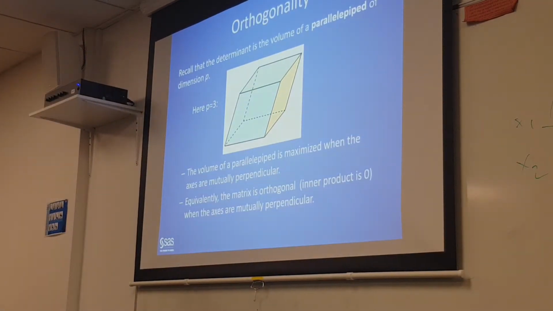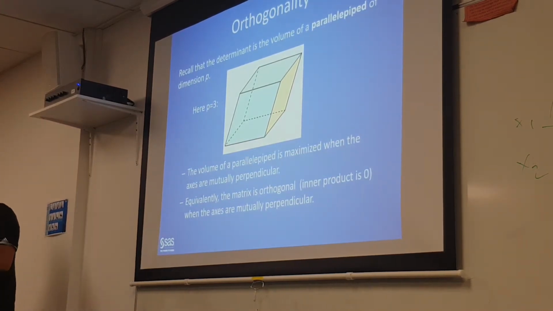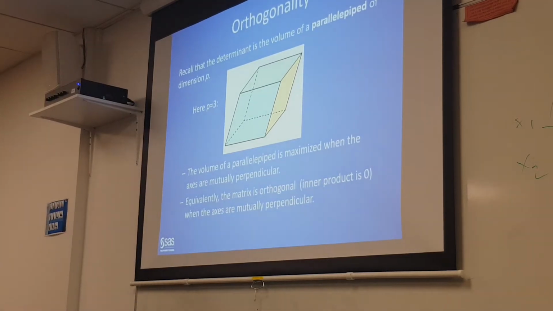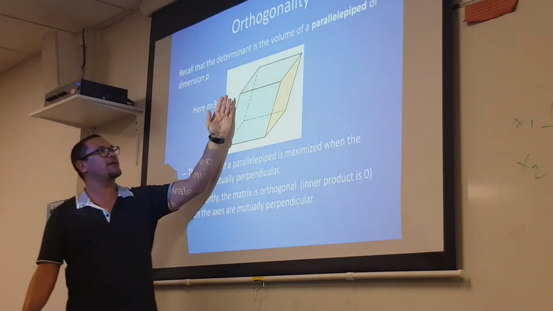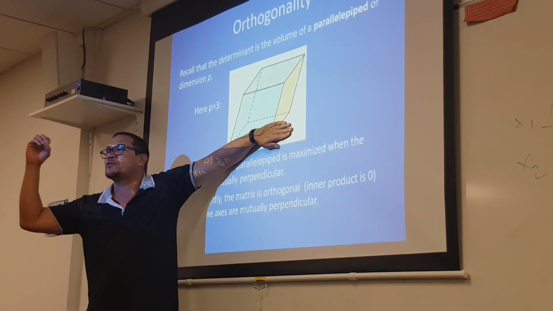Okay, the determinant, what is it? It is the parallelepiped of dimension p. Here we've got a three-dimensional parallelepiped. Remember what happened when all of our data were lying on a plane? That volume collapses down to a plane, so it turns into 0.